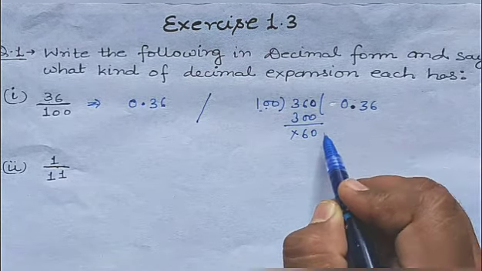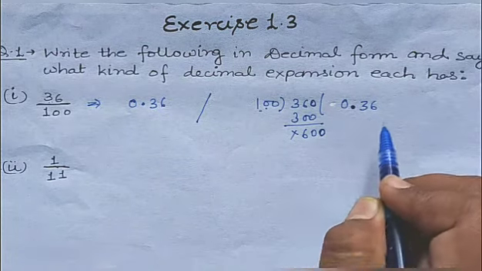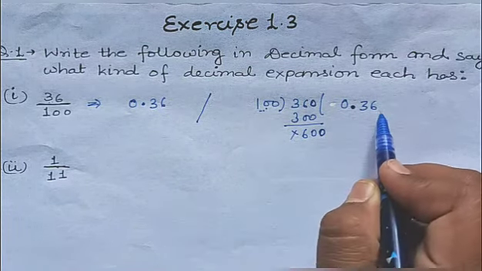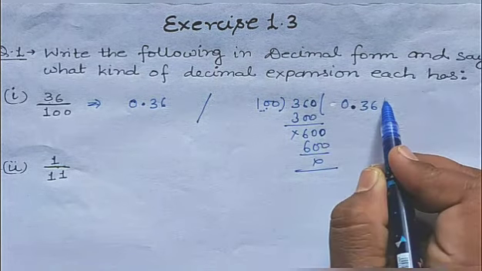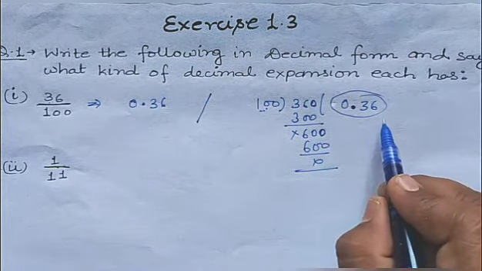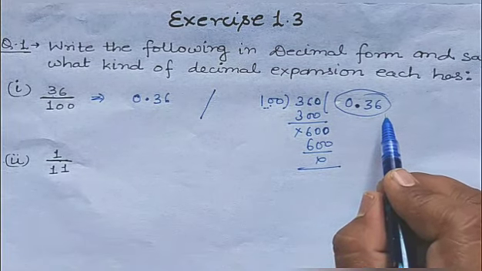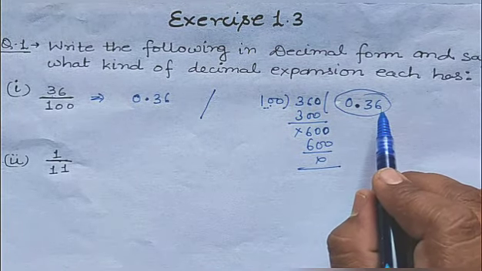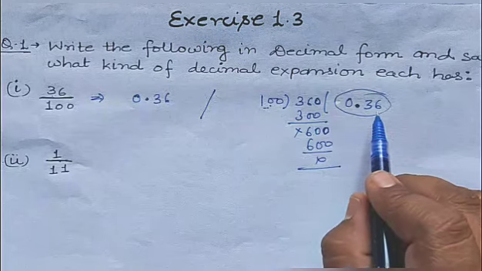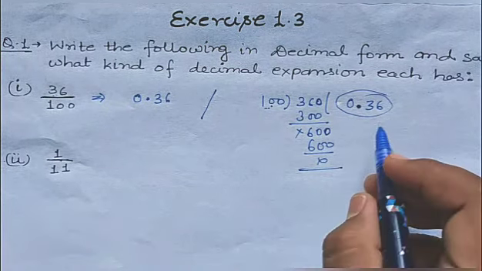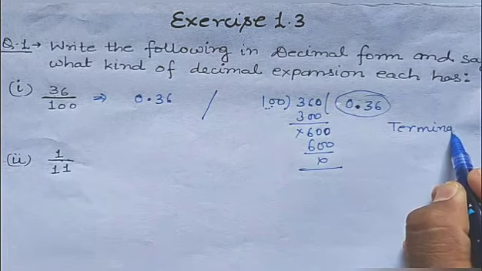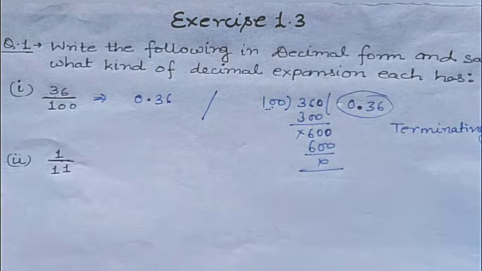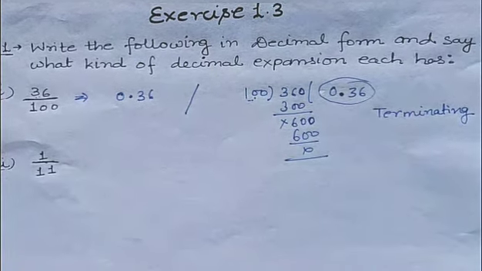Because of the decimal, increase another 0, so 100 into 6 is 600, and then it is 0. So 0.36. This is a terminating decimal, because after two places after the decimal, the number terminates. So this is a terminating type of decimal.